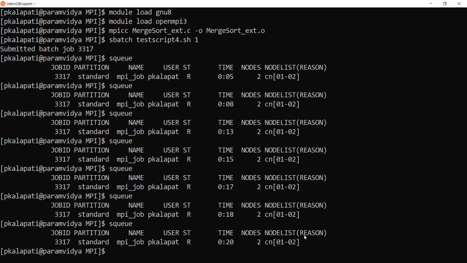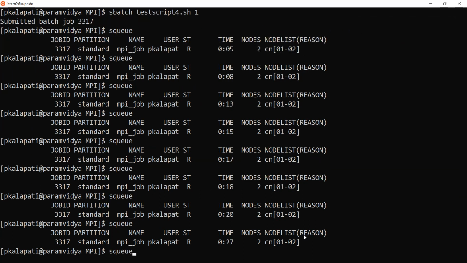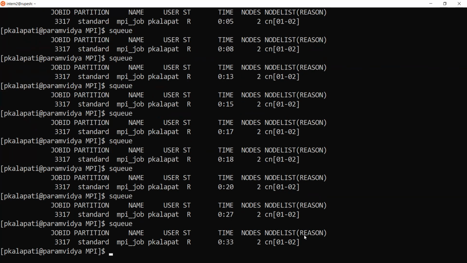Yes, still it is running. We're sorting 10 power 9 elements, still it is running. Let us see how much time it is going to take. Still it is running.